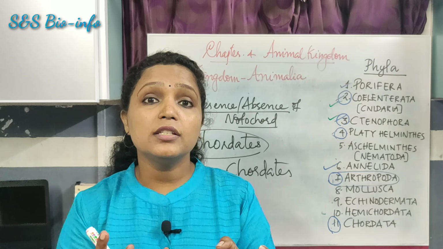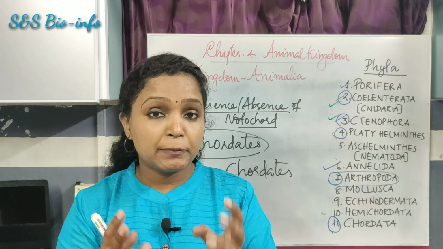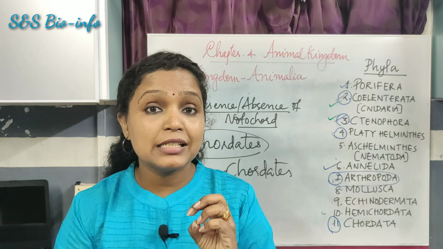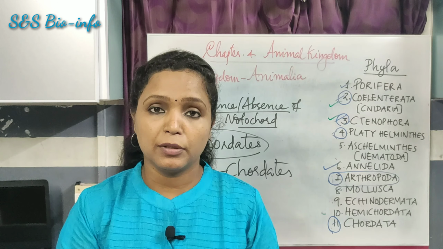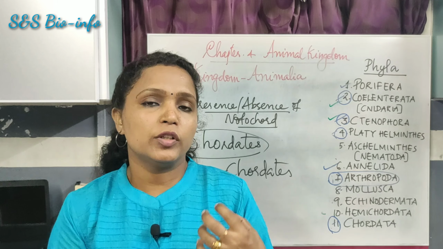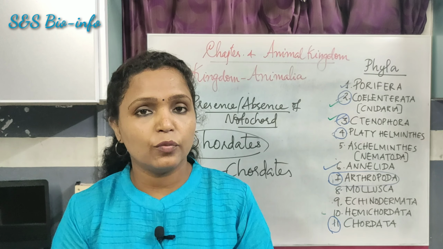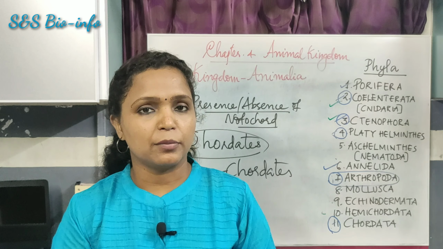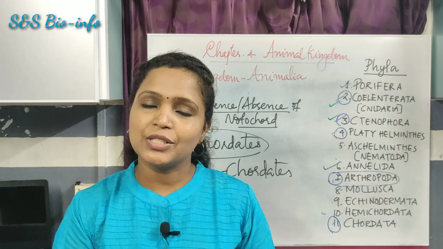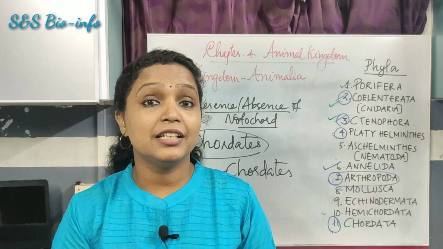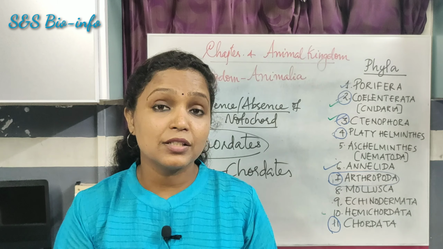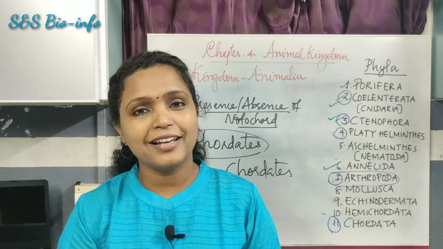That means each phylum has particular or distinctive morphological or anatomical features. We will learn about each phylum in detail with examples in the upcoming class. I hope you understood the topic well, the criteria of classification of the kingdom Animalia.